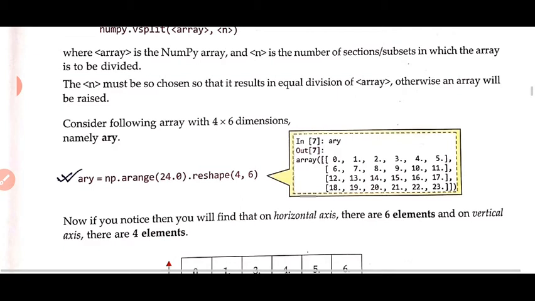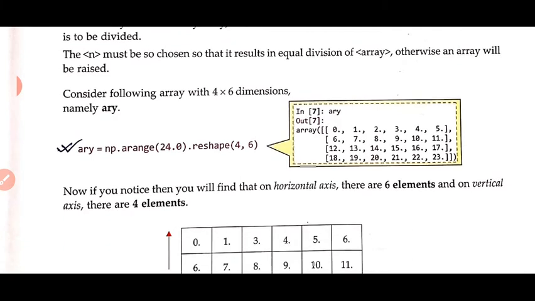Now see, one example is given here. ARY is one array going to be created with the help of the arange function having elements till 24. So till 24, what is this? We know the syntax of the arange function. It will take three values: one start value, comma a stop value, comma a step value.